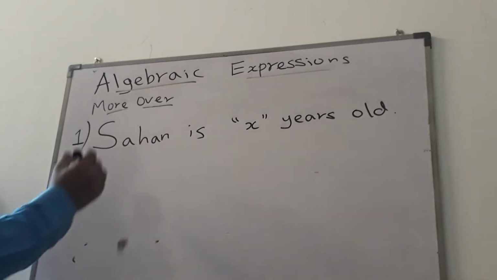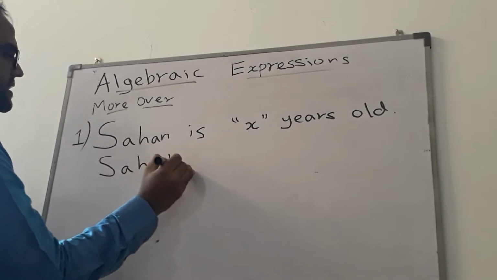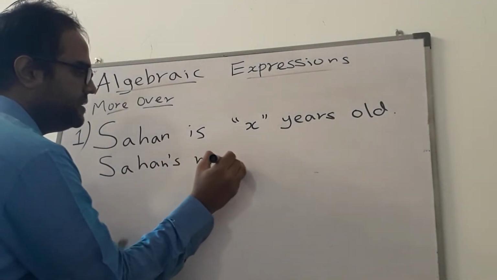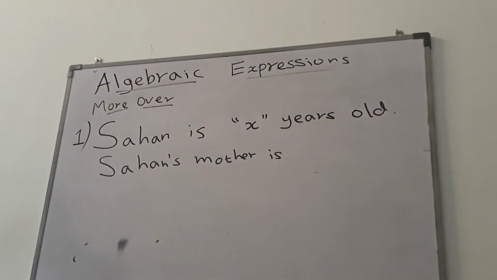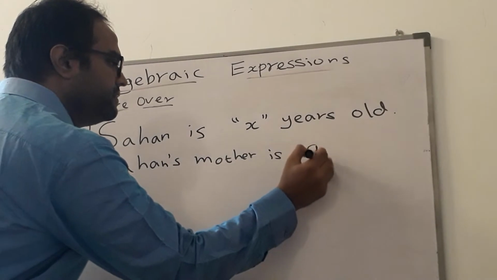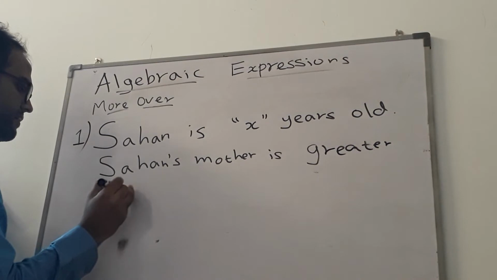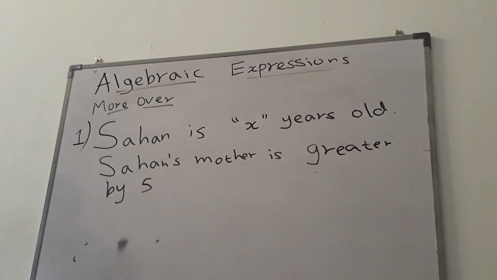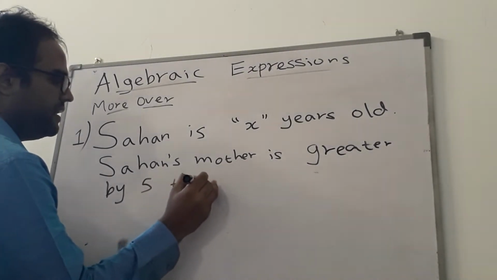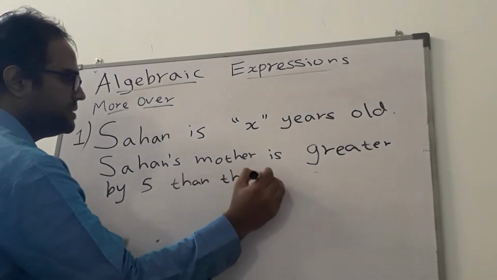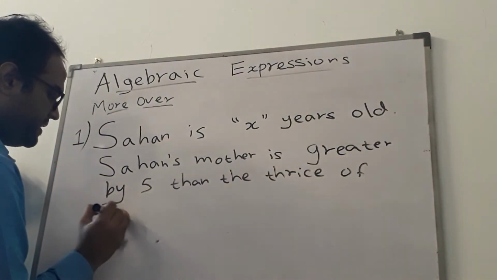Sahan's mother is greater by 5 than the thrice of Sahan's age.